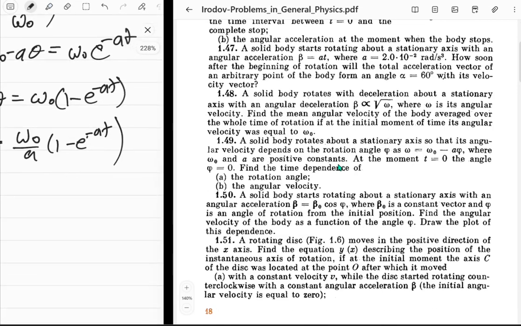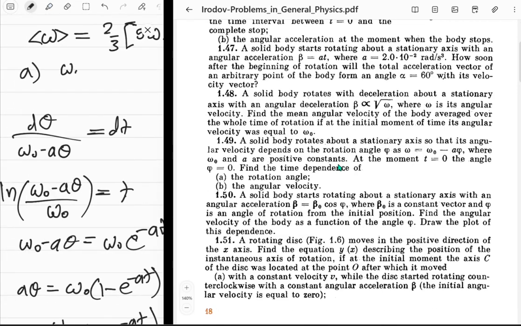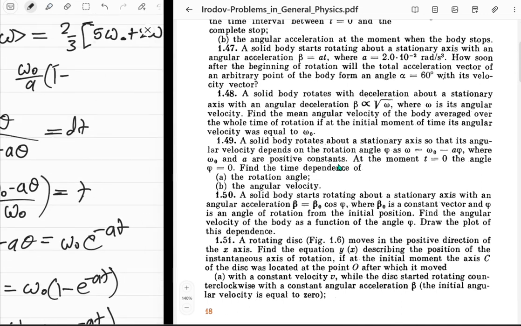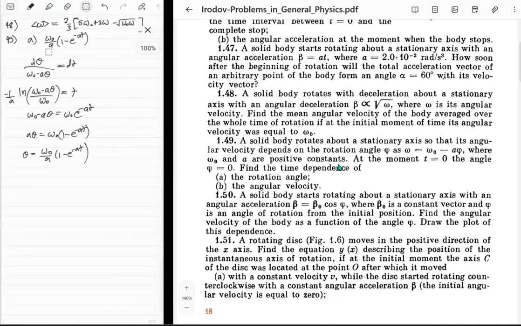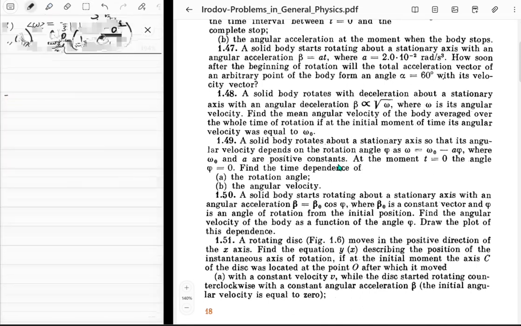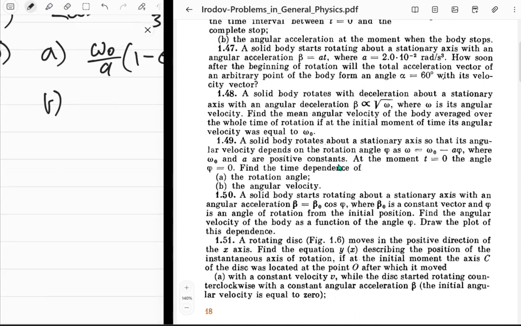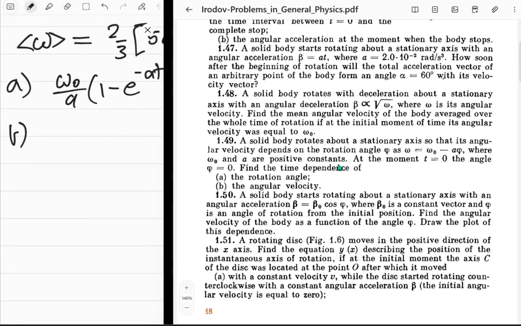And what else do you want? b is the angular velocity, just differentiate that with respect to time. Negative a comes down, and it's omega naught e power negative a t.